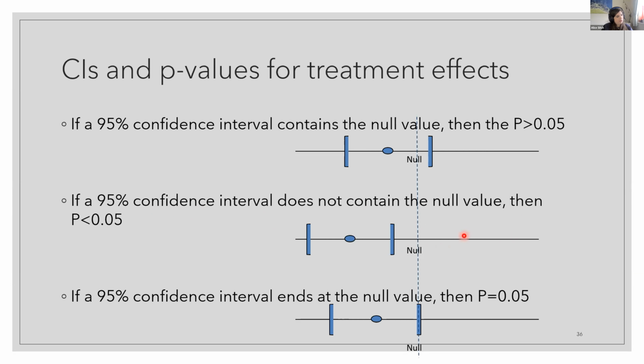That would be the same thing. So if the null value is outside of the 95% confidence interval, then you do have a statistically significant result at the 5% level. So P is less than 0.05. And when that null value is right on the edge, and again it could be either bound, then your p-value is exactly 0.05.